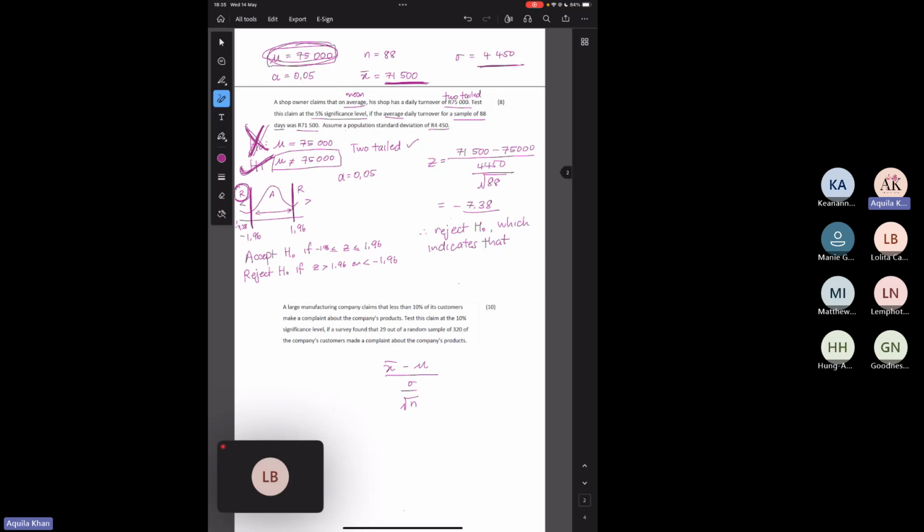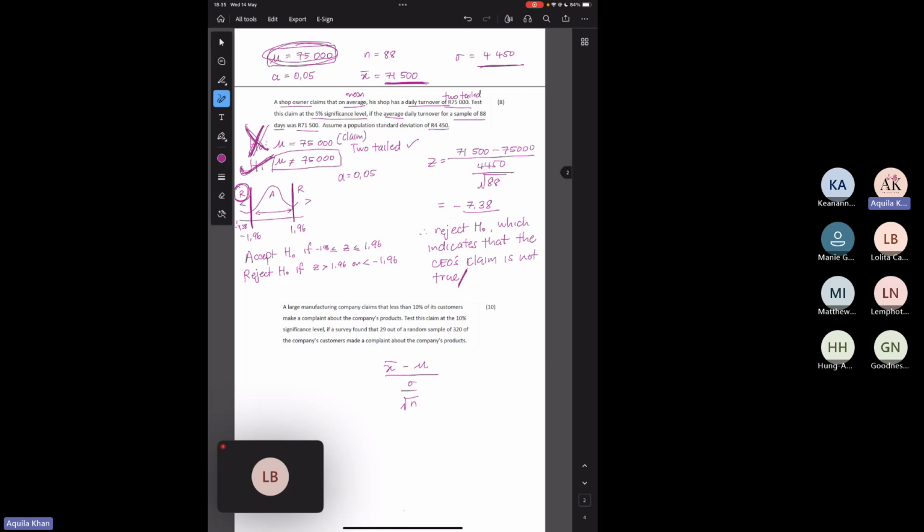Now, remember at the beginning, they said that the shop owner claims that his daily turnover is 75,000 Rand. So basically, his claim was here in the null hypothesis. But what we're saying now is that that claim is not true, that his turnover is not 75,000 Rand. So you can either say, which indicates that the CEO's claim is not true, or if you want to, you can elaborate and you can also say that this indicates, and I'm just going to put in a slash here to show you what you could also say.